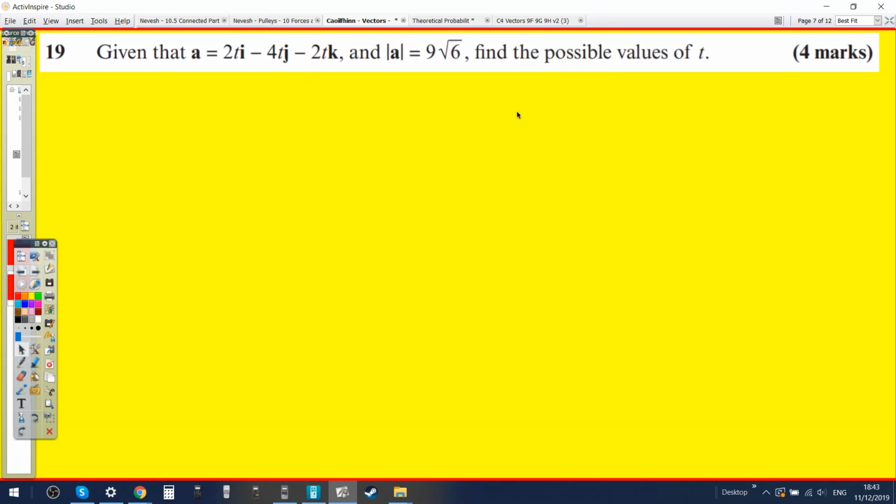Okay, let's say this. Find the possible values of t. Okay, I think this is worth doing.